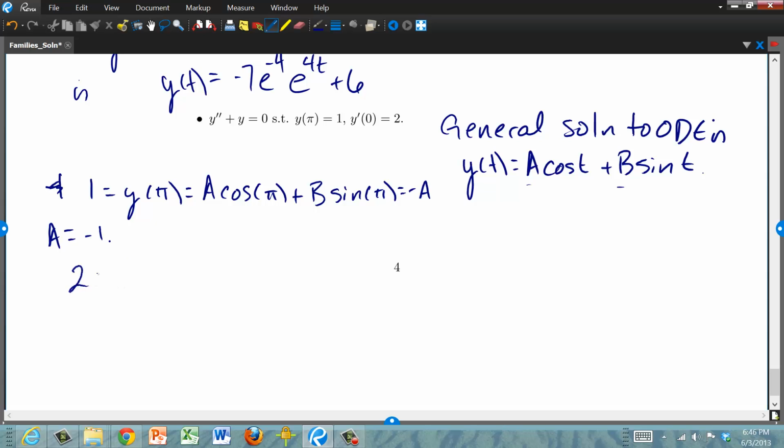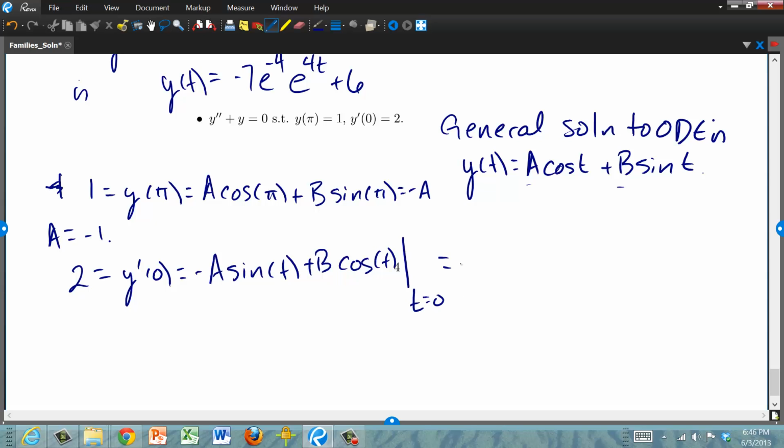You want 2 to be y prime evaluated at 0. Now let's take the derivative and plug in 0 in two separate steps. So that'll be -a sine t plus b cosine t evaluated at t equals 0. And so the a part goes away, and that's just b.